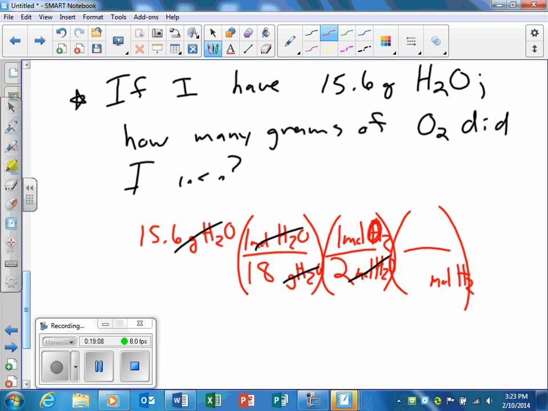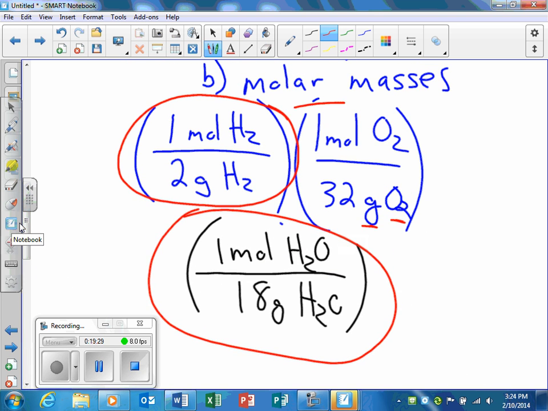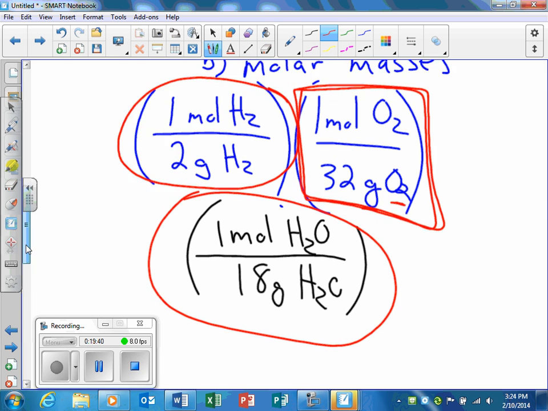Everybody erase, make that O2. 1 mole of O2. Do you guys agree? Is that going to cancel out moles of O2? Yeah, sure. But I have to flip it upside down, right?